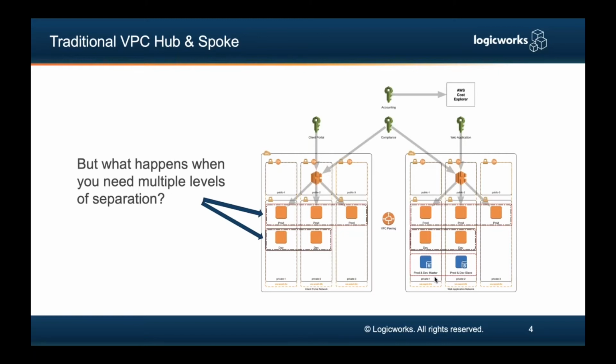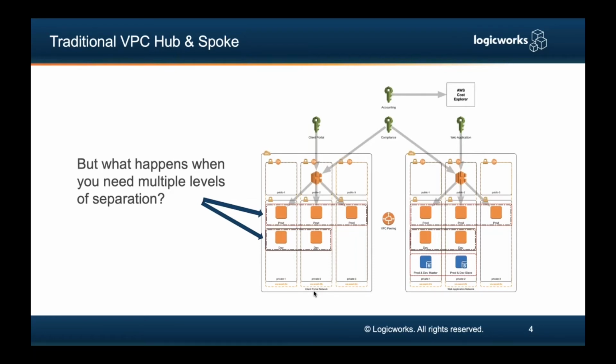You don't really want your prod and your dev resources to be shared in the same VPC, right? But when you have VPCs segmented by team, client portal for example, it really makes sense to have the client portal resources all together. But then that segmentation doesn't really work. So you get stuck.